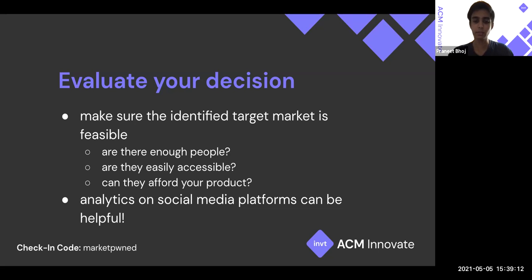Again, if you use social media as a channel for your marketing campaign, they offer lots of analytics tools that can help you do this research and evaluate how your marketing efforts are being received by the target market that you initially defined. And then based on those analytics, it can help you refine or alter your target market to better suit the people that you're going after.